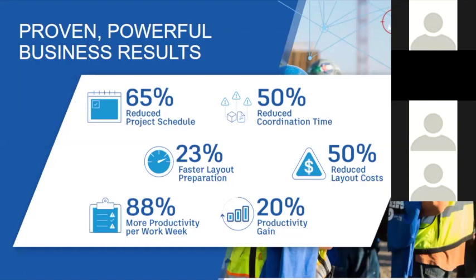All this coordination time has been reduced by 50%, and the layout cost is also reduced by about 50%. And productivity gain is 20%. I mean, the work is going very fast, and productivity has improved by 20%. And work efficiency is 88%.